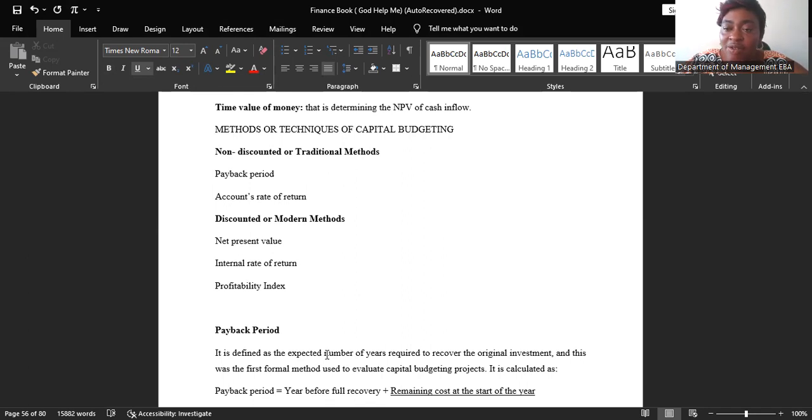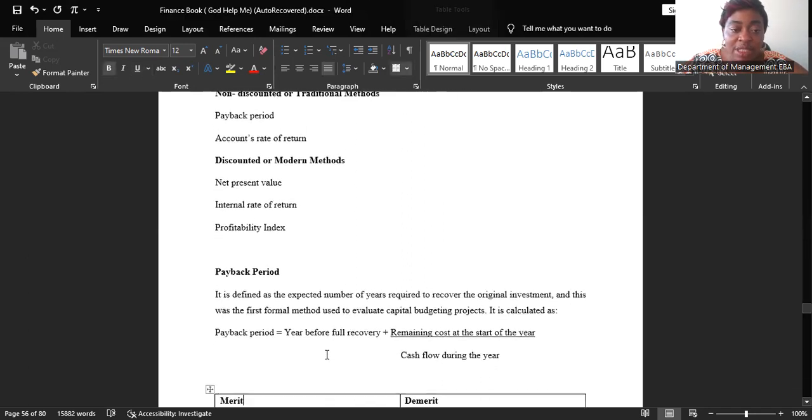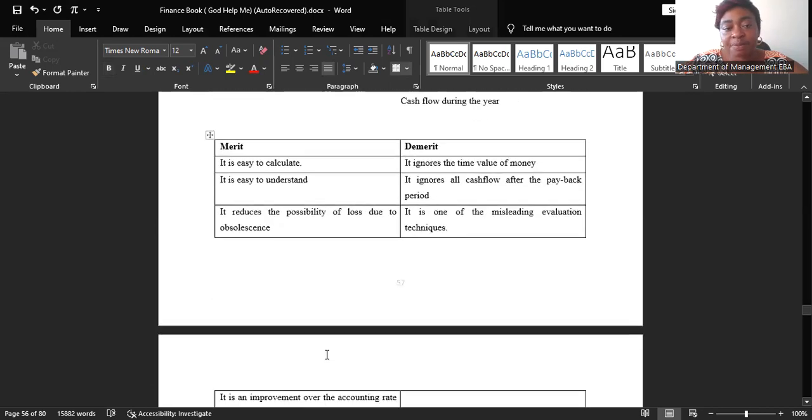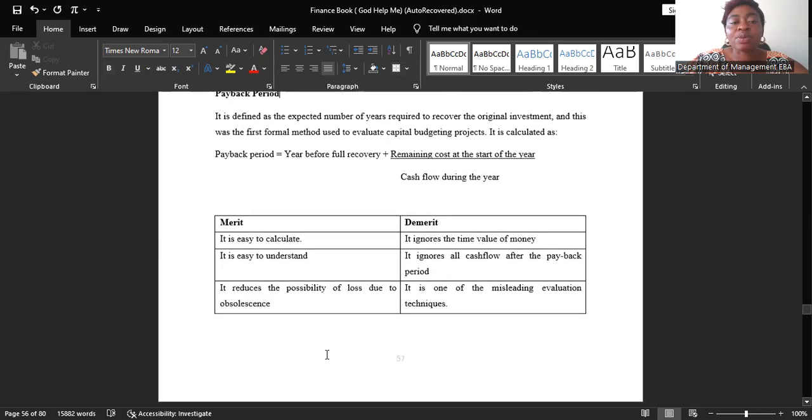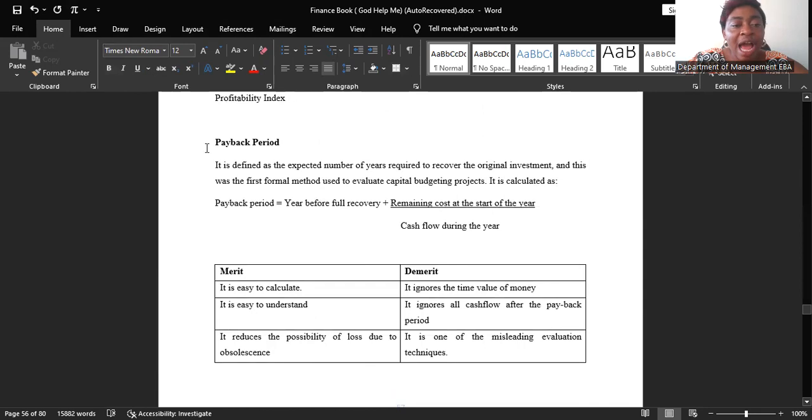We are first going to deal with the traditional methods, which start with the payback period. Now, what is payback period? With payback period, we are looking at the number of years it takes us to recover our initial capital, the capital we invested into the project to get the project started. That's what we are looking at.